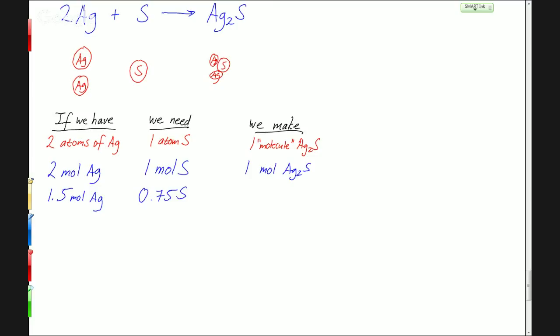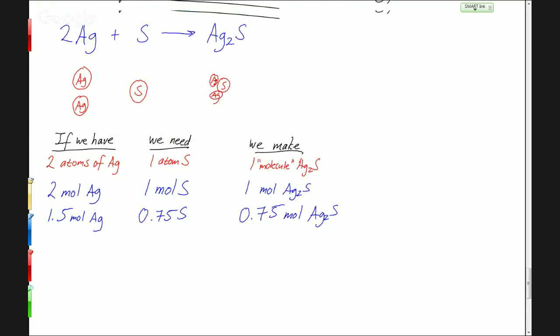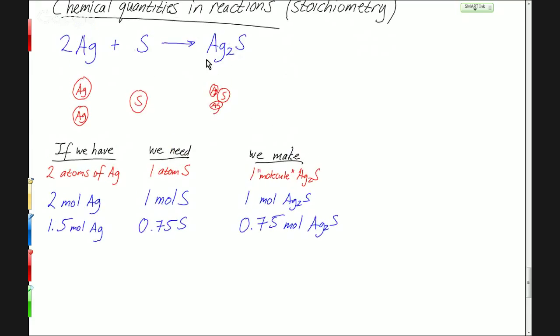And then how much Ag2S would we make? We'd make 0.75 moles of this, because the equation tells us that we're going to make one of these for every two of these, or one of these for every one of these. So if we have 0.75 of these, we're going to make 0.75 of these.